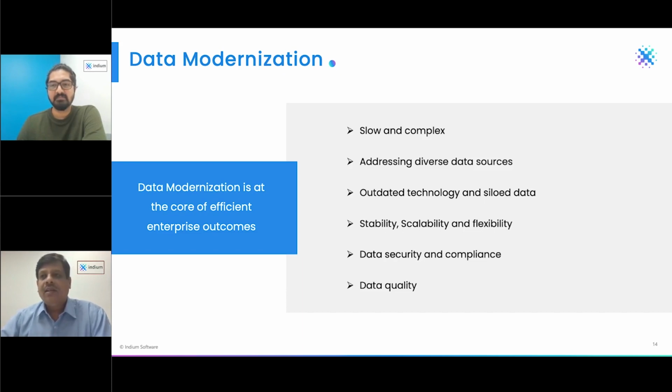Data security and compliance is going to play another important role. So when we are talking about monetization, the data needs to be protected from data breaches or any kind of unauthorized access. At the same time, data quality is extremely critical when we are talking about data monetization initiatives. This is all about trust. You're giving away the data, and that trust is very, very important.